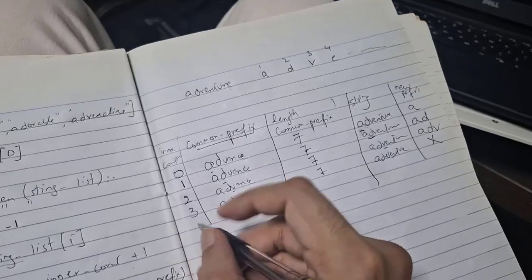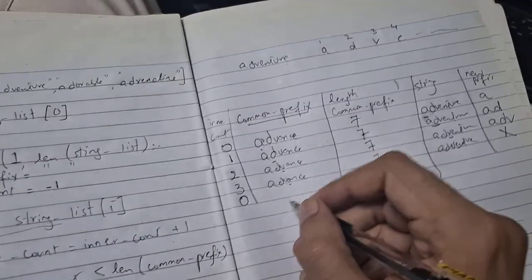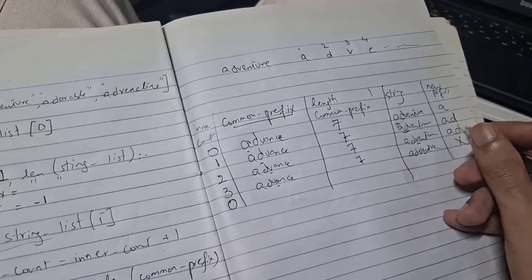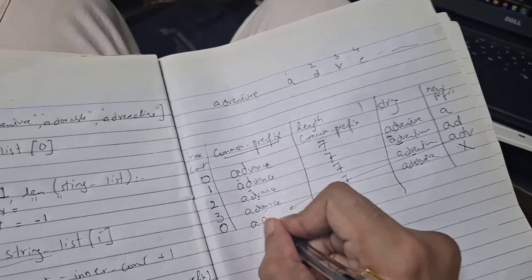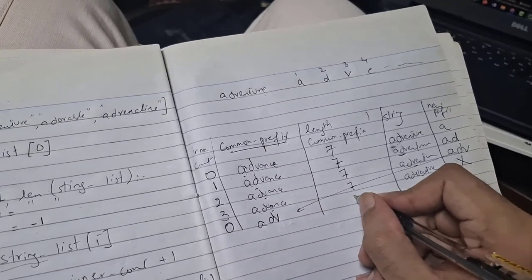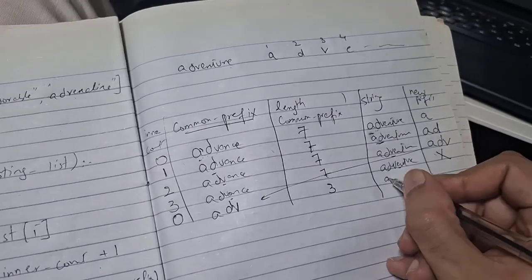This doesn't go any further, and inner count again becomes 0. So the new common prefix would be ADV. Its length is 3, and the next string that we would be comparing is adorable.